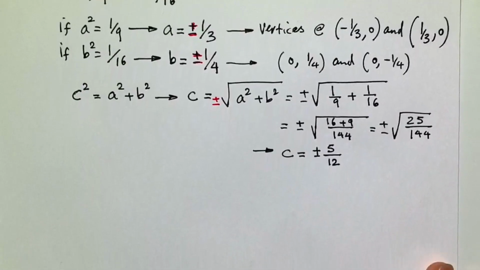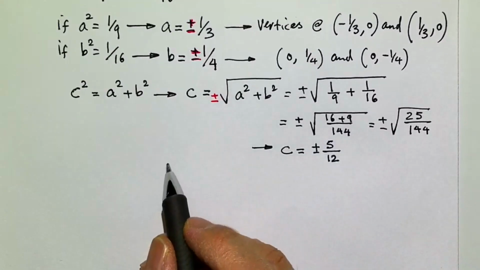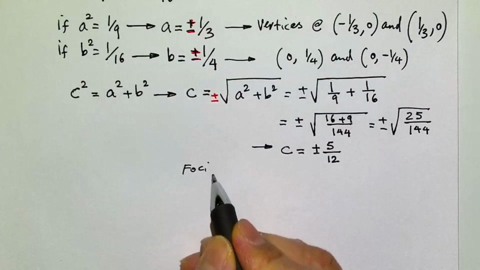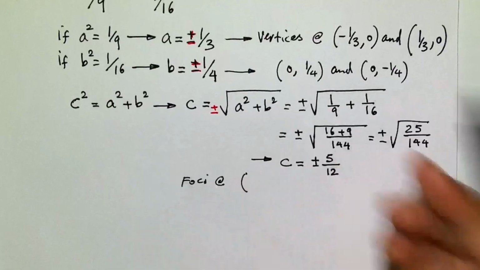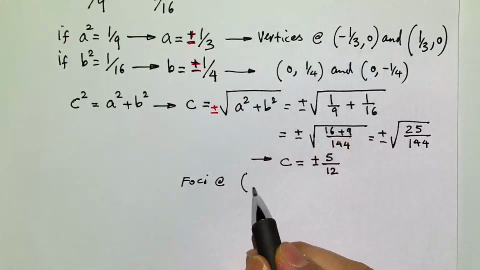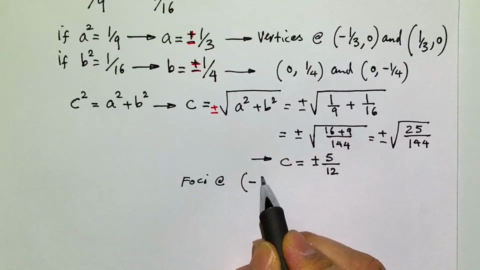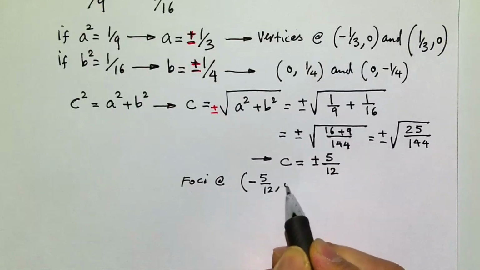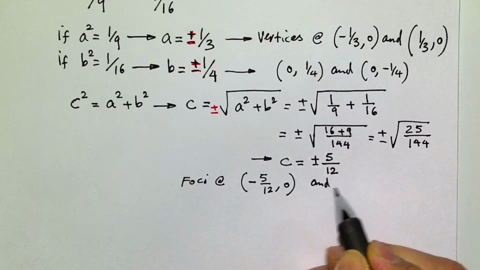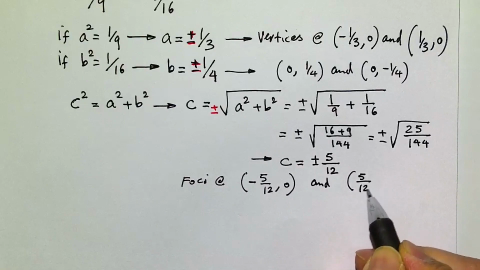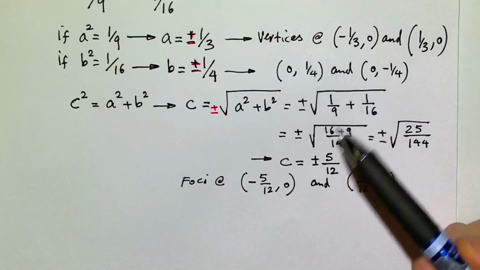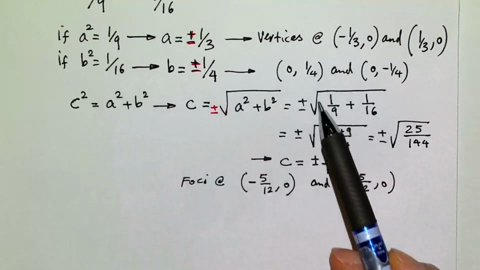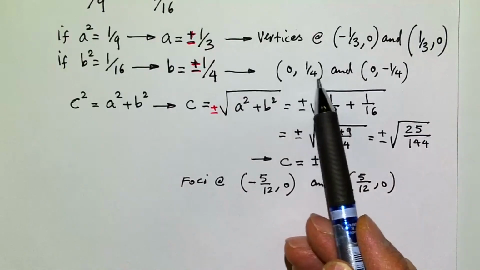In other words, the foci are along the horizontal axis as we established. So we're going to have minus 5 over 12 comma 0 and positive 5 over 12 comma 0. Okay, so we found the foci, we found the vertices, and on the central box we found where the b is located.